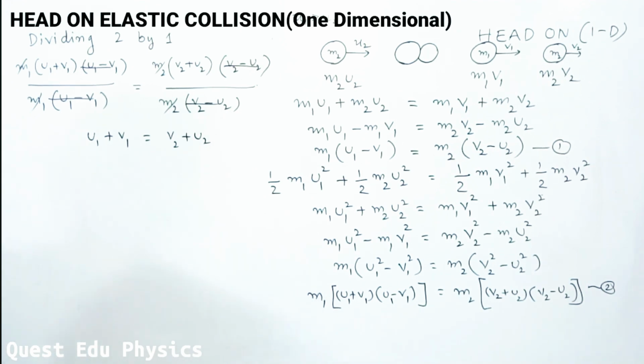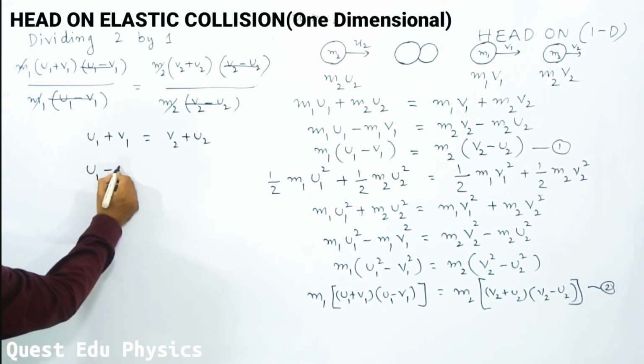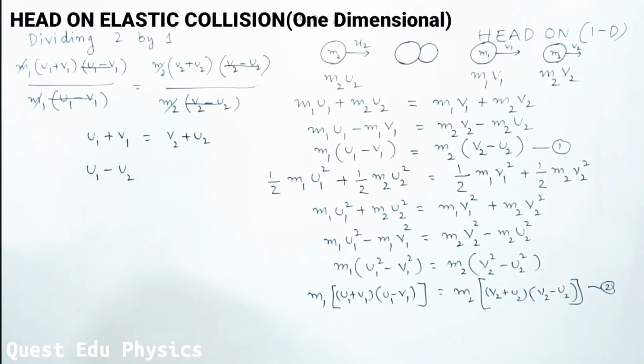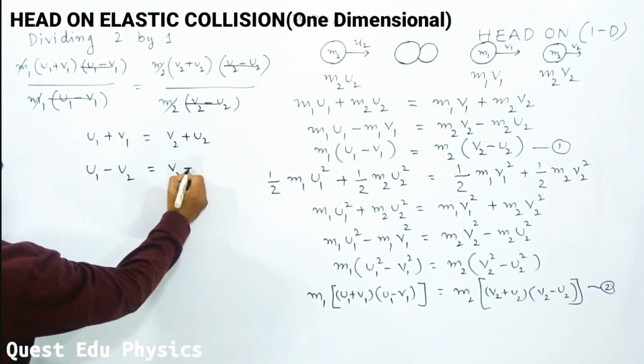Okay students? From this we can write a relation: u1 minus u2 is equal to v2 minus v1.